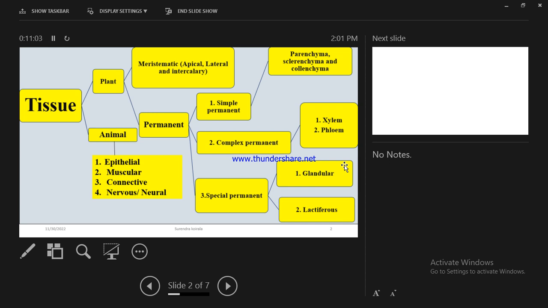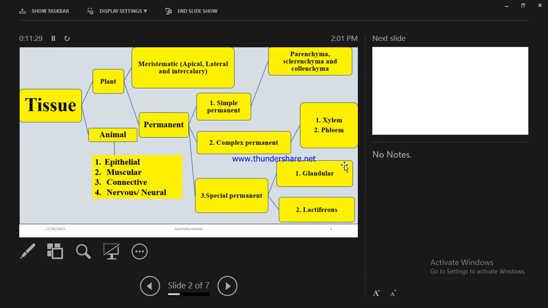Then the permanent plant tissues are further divided into three different types. First, simple permanent tissues. Second, complex permanent tissues. Third, special permanent tissues. And then the simple permanent tissues are also divided into three types: parenchyma, sclerenchyma, and collenchyma.